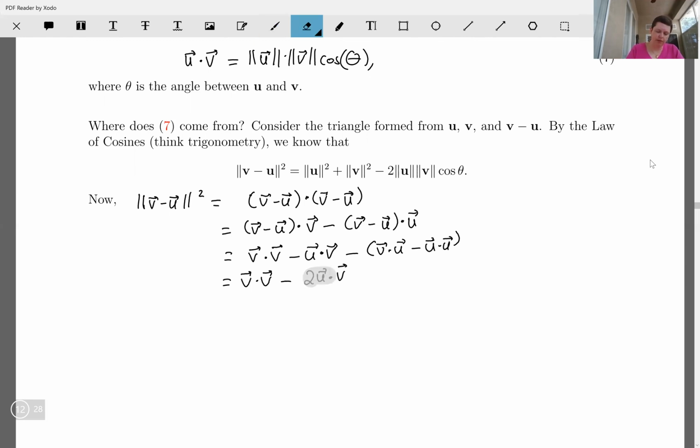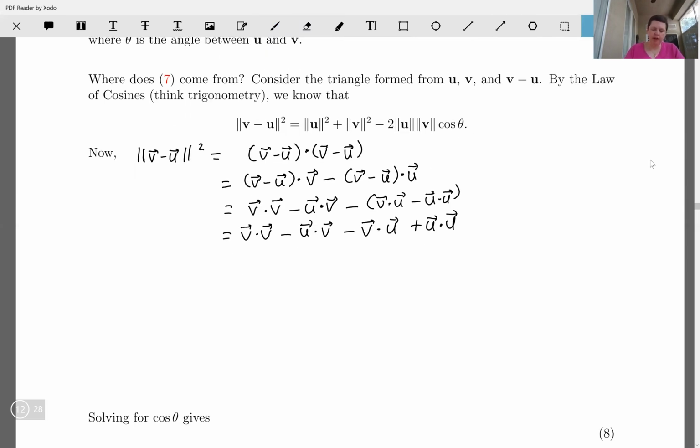Well, let me go a little bit slower and write all the middle steps. Distribute the negative sign. Okay, so what do we know? We know that u dot v is equal to v dot u. We know that v dot v is the magnitude of v squared, and u dot u is the magnitude of u squared.